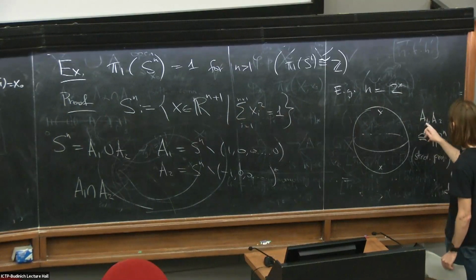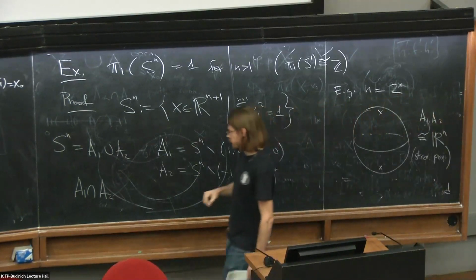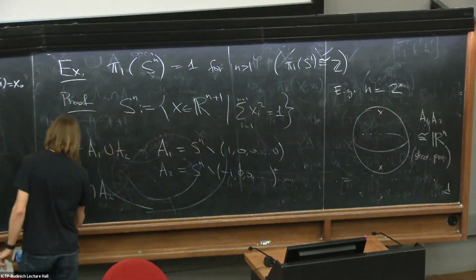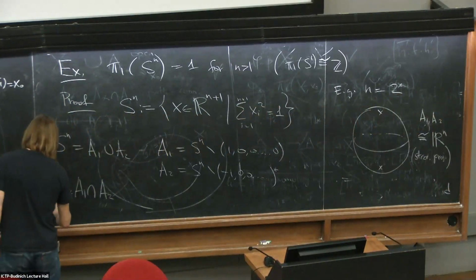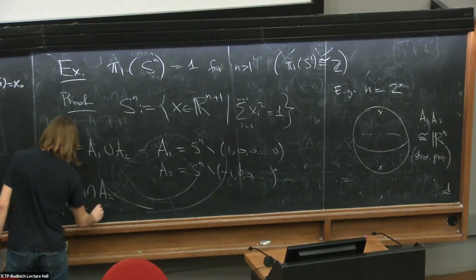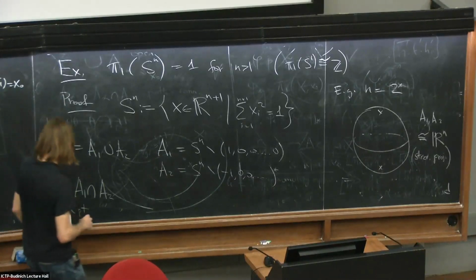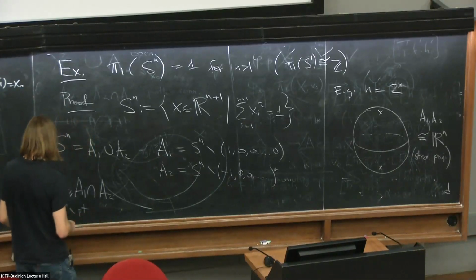But if you consider the intersection, this means that you remove a second point. This means that the intersection is homeomorphic to Rn minus a point, which we know is also connected.